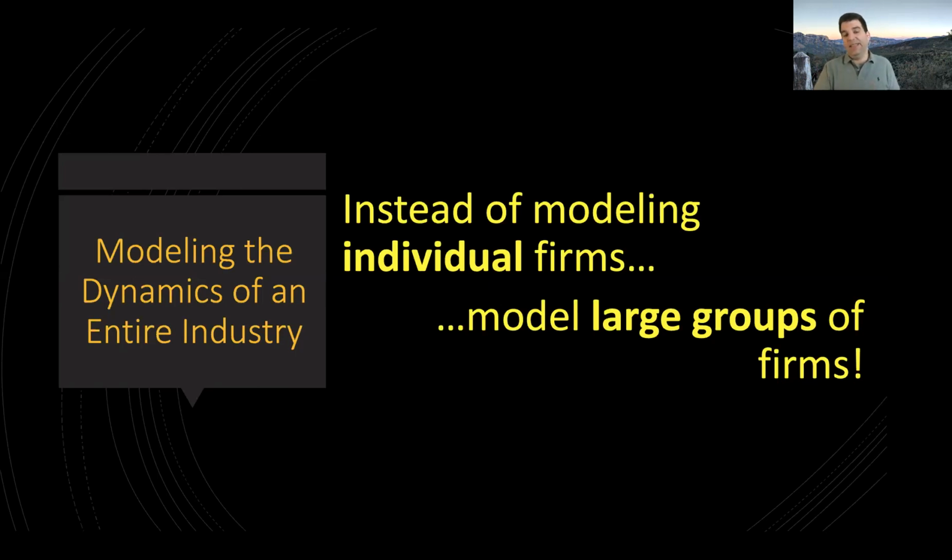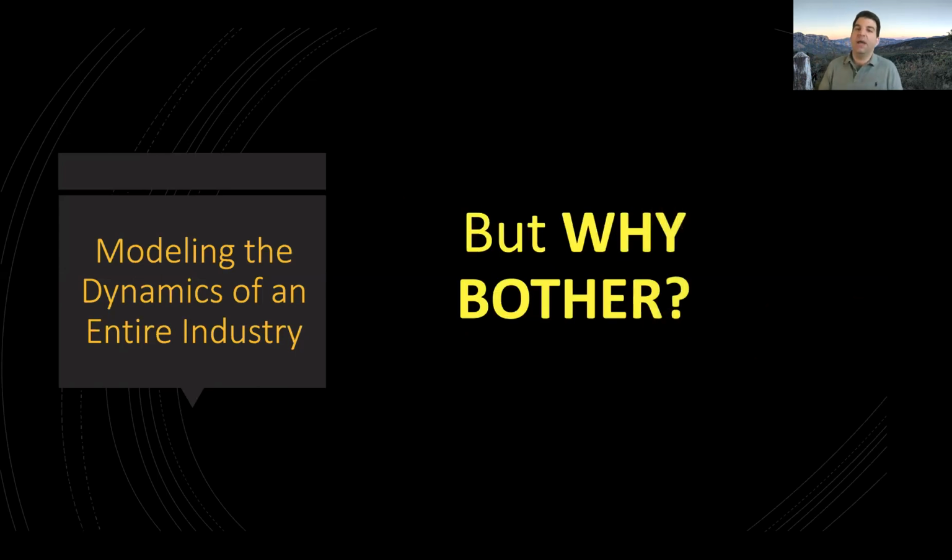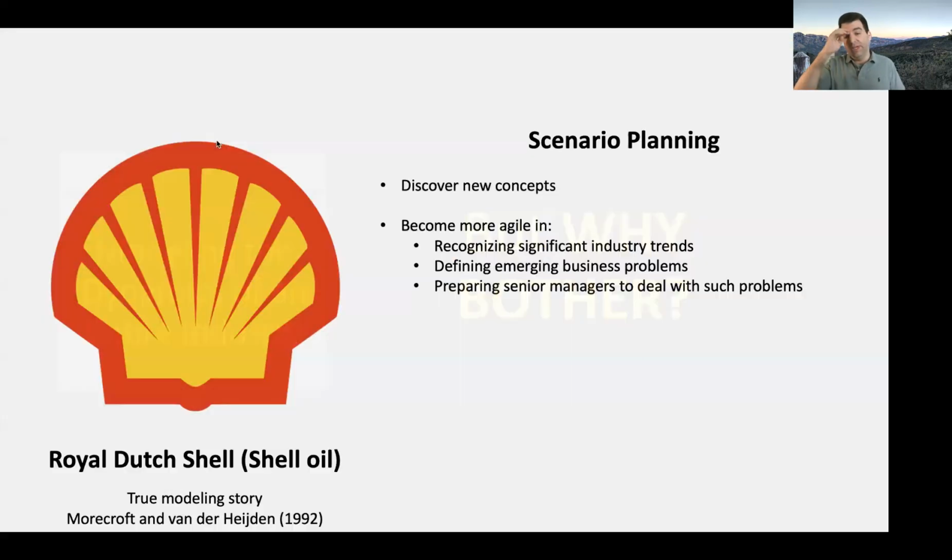But before we get to that, an important question is, well, why bother? Why should we model in a computer simulation the dynamics of an entire industry like oil? So in this real world case, the Royal Dutch Shell, or Shell Oil, got together with Morecroft, because they were interested in scenario planning.